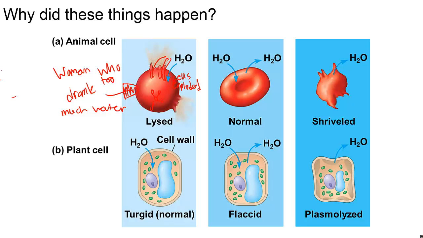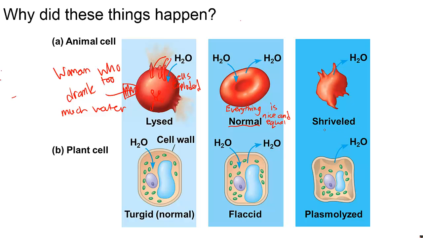Okay? This one is normal, when everything's nice and equal. And then this one is when it shrivels, which is kind of what happened to the potatoes, right?